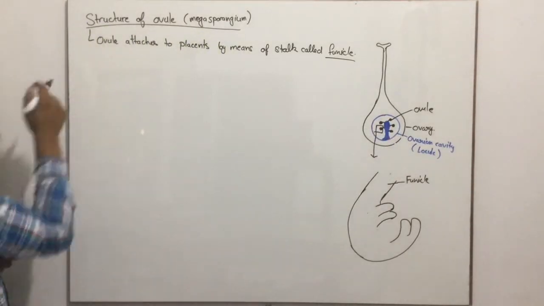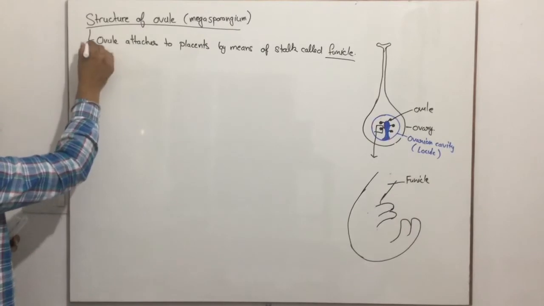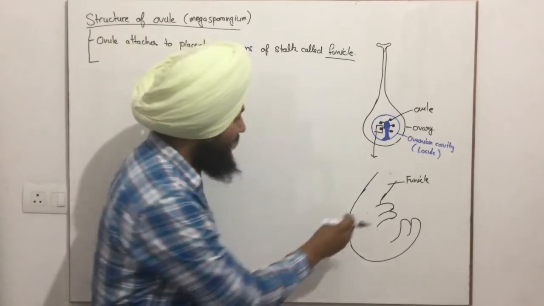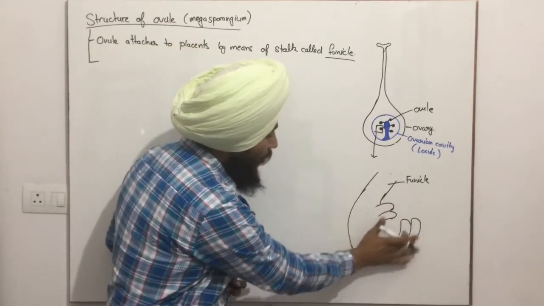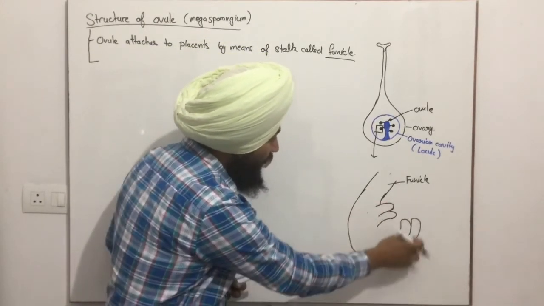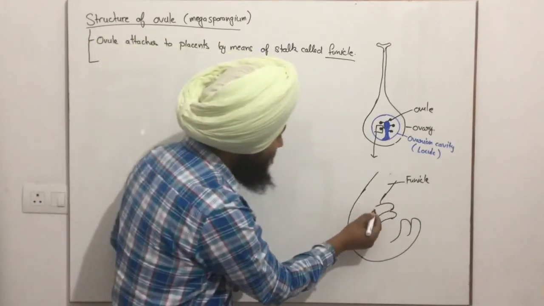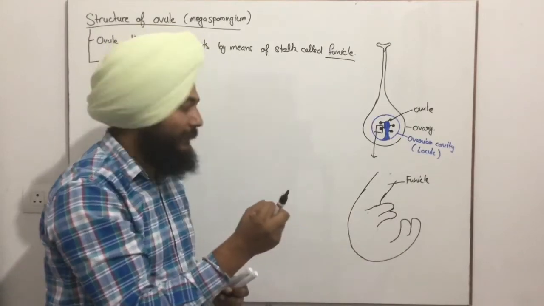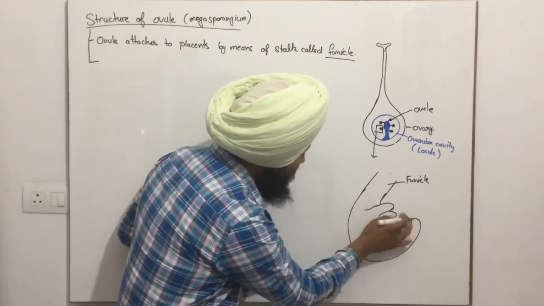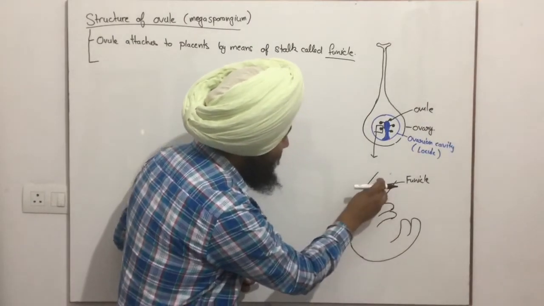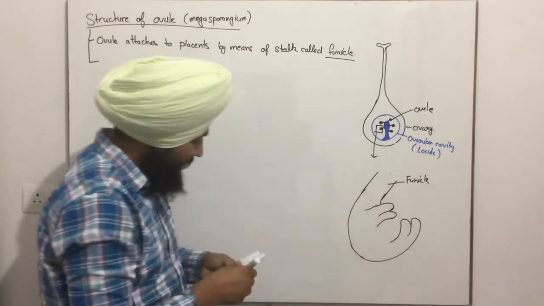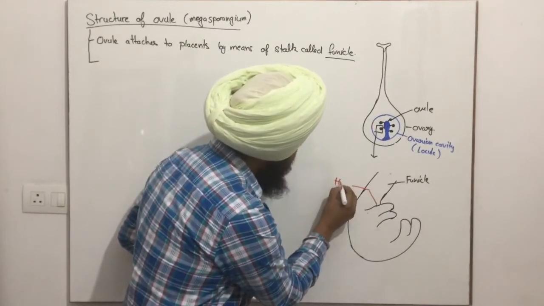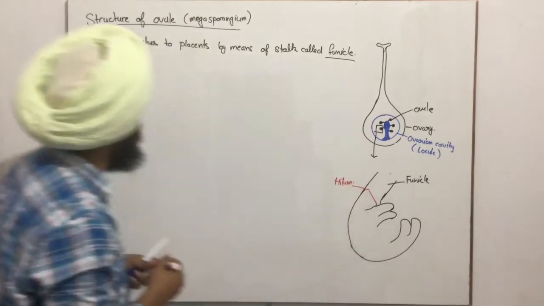Now the region at which the funicle and the whole body of the ovule join is called the hilum. So this is the whole body of the ovule and this is the funicle, and this region here is called the hilum.